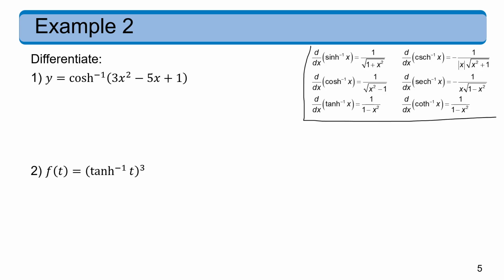So we start with the derivative of the outer function, which is the inverse hyperbolic cosine. So looking at the formula on the top right, we can see what that is. So dy dx equals, so that formula we've got 1 over the square root.